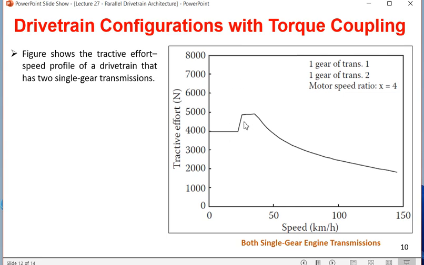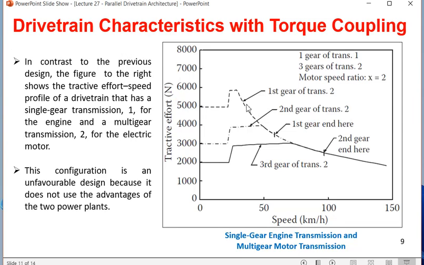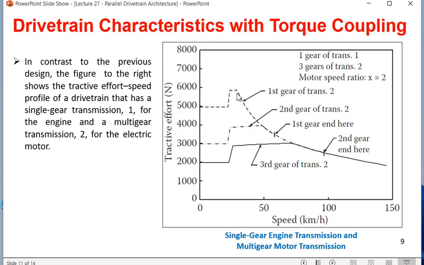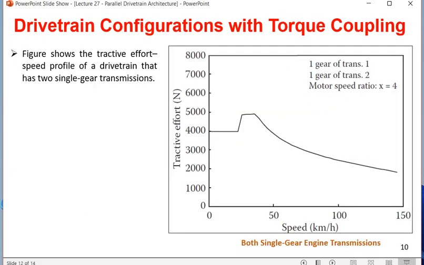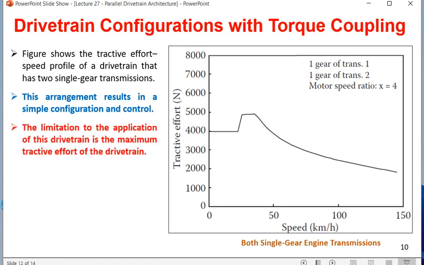In the previous cases the tractive effort was around 6000, in fact most, around 6500. But whenever we use single gear transmission 1 and single gear transmission 2, the tractive effort is comparatively less. It is coming to be 5000 Newton or 5 kilonewton. So this arrangement results in a comparatively simpler configuration.